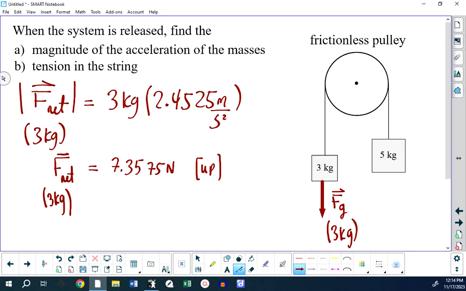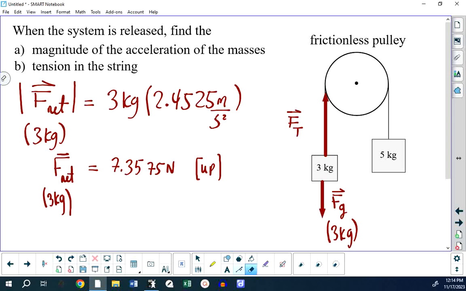And that force upward is the tension, what in high school physics is sometimes called the force of tension. In post-secondary, sometimes we just call it capital T for tension. So this is what we are after in this question.